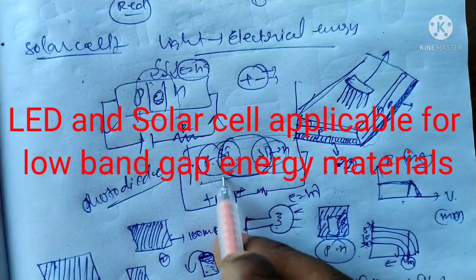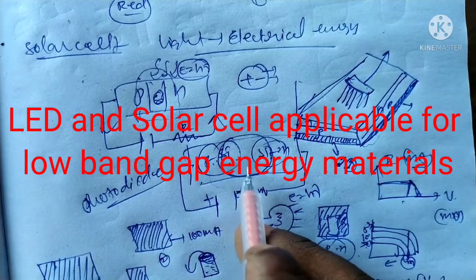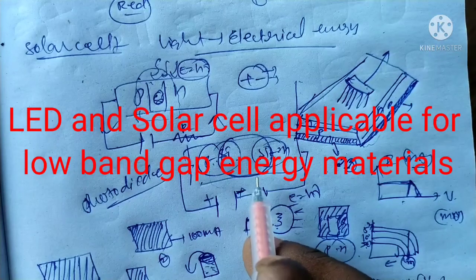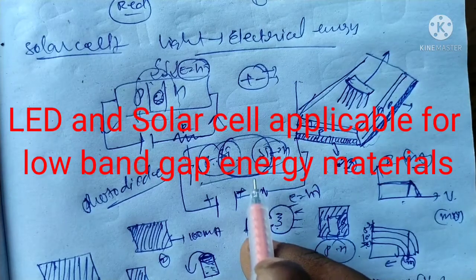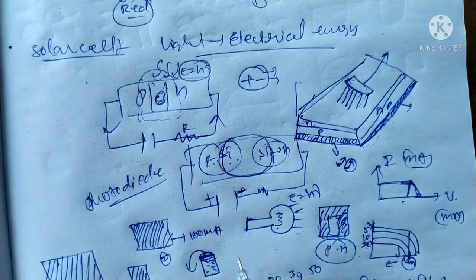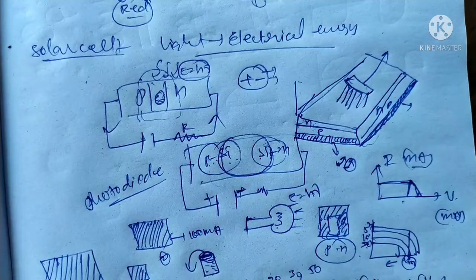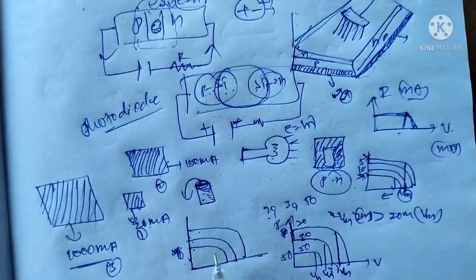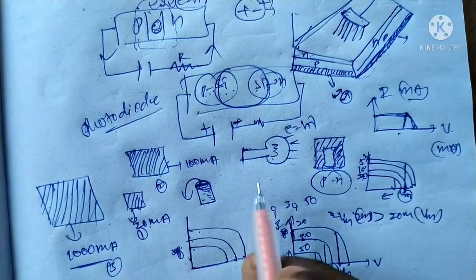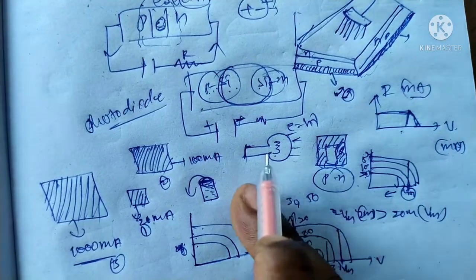Electron-hole pair generation occurs in this layer. You can observe the light intensity or voltage like this, and it depends upon the size of the material and the distance between the light source and the solar cell.